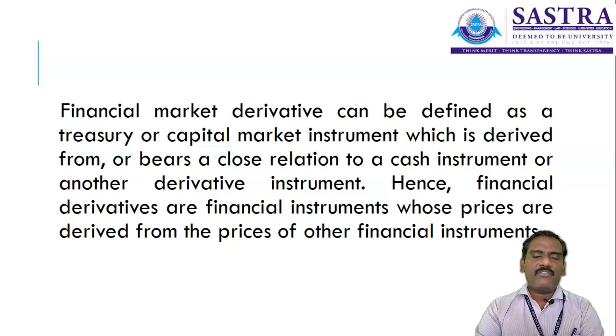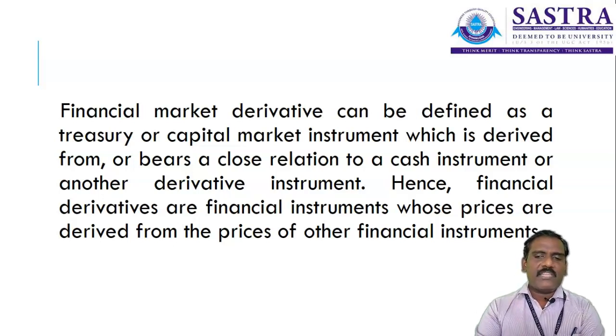Say, for example, if I am going to enter into a contract and buy a financial derivative, a future of ICICI Bank, I will consider the price at which ICICI Bank is available in the cash market or the spot market. Based on that, the contract will be created.